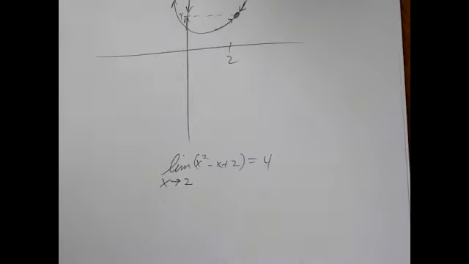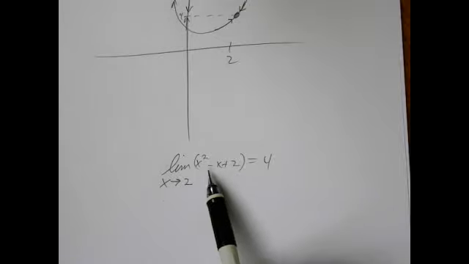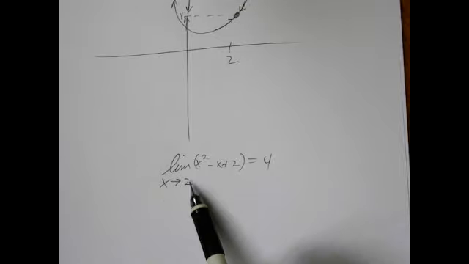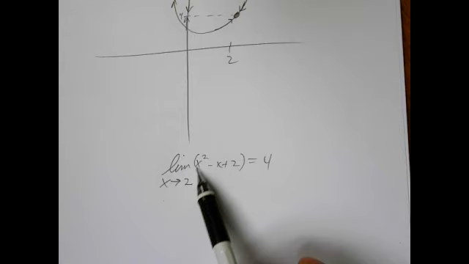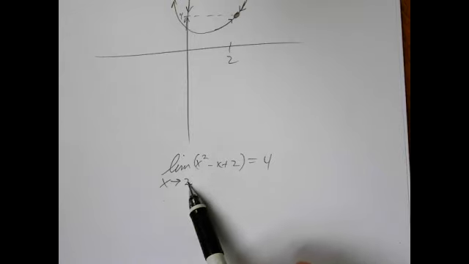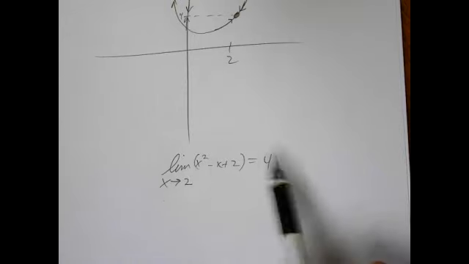And this may seem like a contradiction, this may seem odd, but the reality is that it has nothing to do with the fact that the function equals 4 when you plug in an x value of 2. At least for the moment, that is our approach. All that matters is as you get infinitesimally close to 2 on the x from either direction, you get infinitesimally close to 4 on the y from both directions.